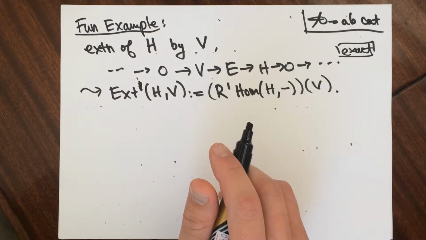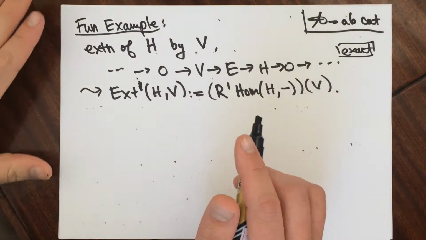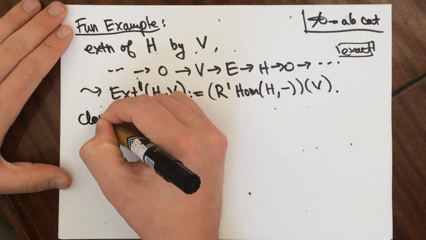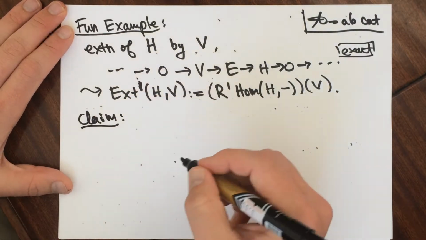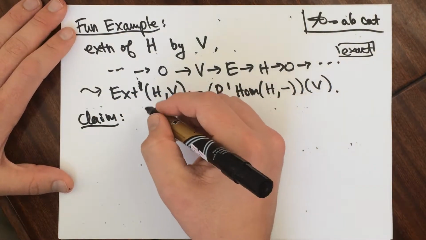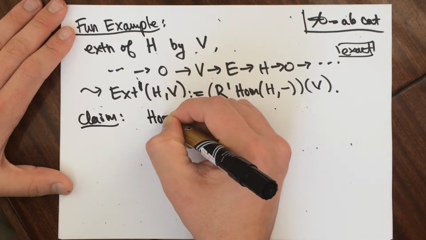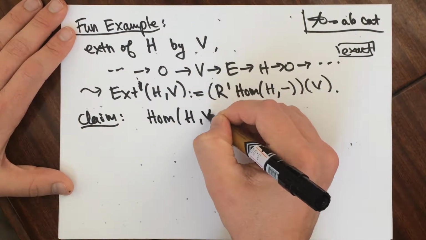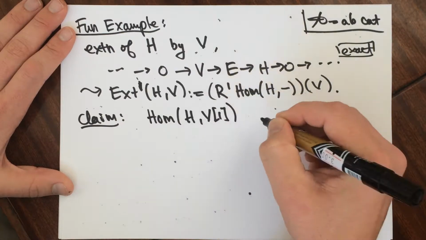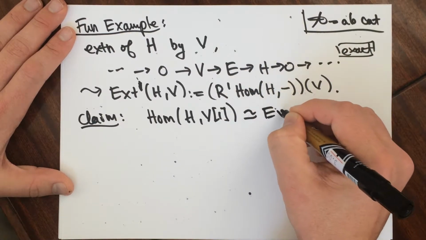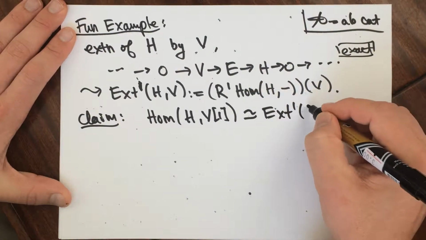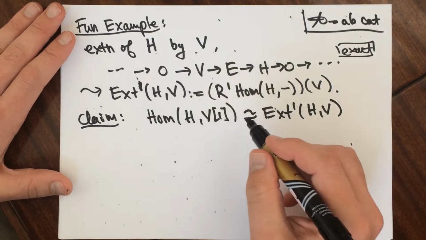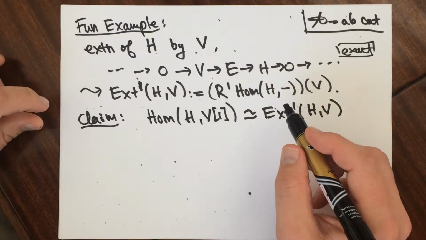All right, so now here's my claim. The claim is that in the derived category, Hom, morphisms from H to V[1], are going to be in correspondence with Ext^1 of H and V. So extensions. There's going to be an isomorphism like this.